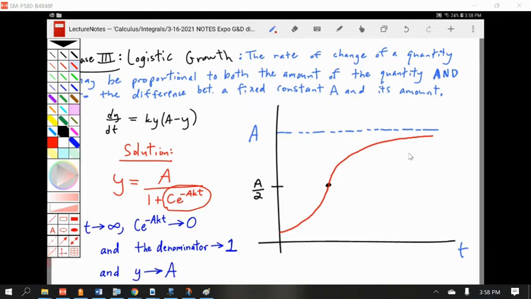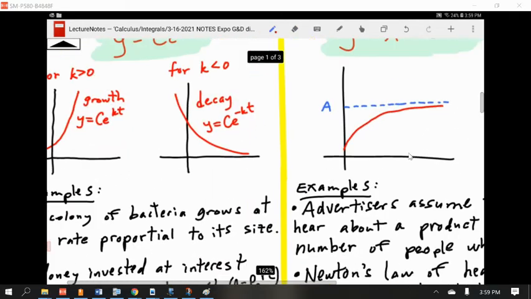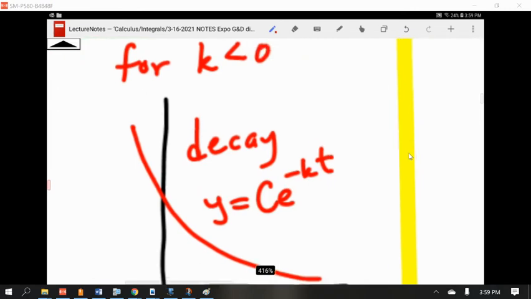Why is that? Think about that term by itself. By itself, that is an exponential decay formula, C e to the negative t power. That's right here.